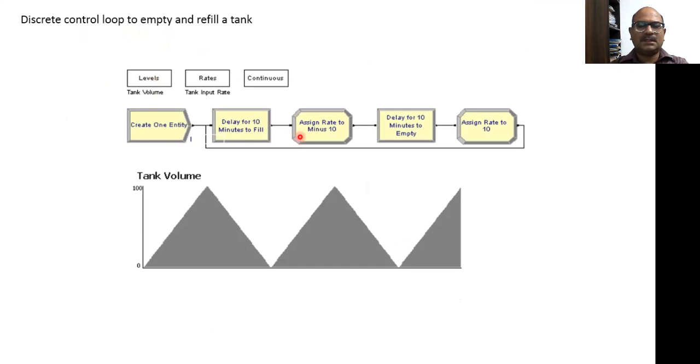If there is an automatic system so that the tank never overflows, whenever the tank is filled up to a certain point, we wait for the tank to be emptied. Suppose there is a delay of 10 minutes to fill, then in that 10 minutes the tank level goes down, and again 10 minutes to fill it up.